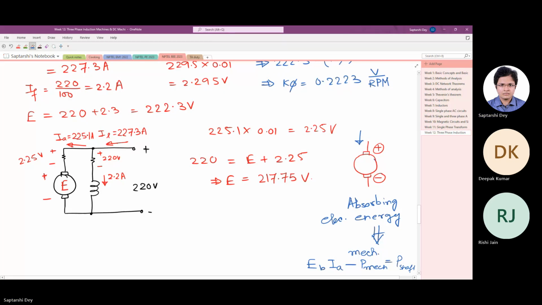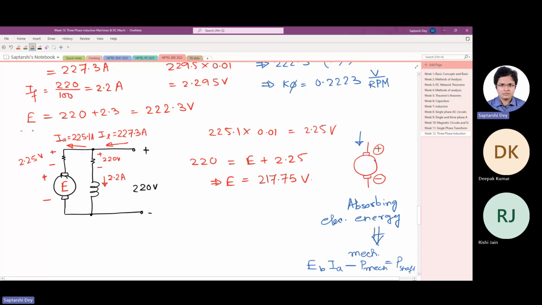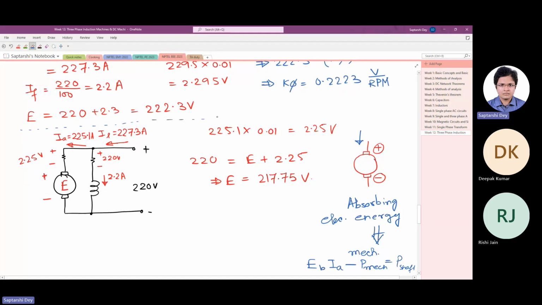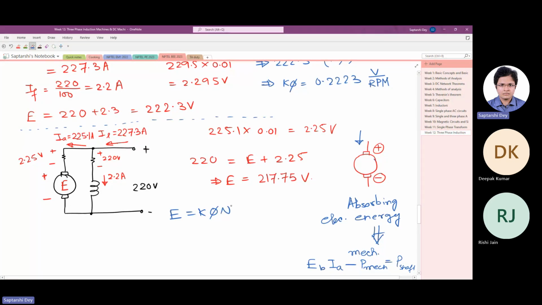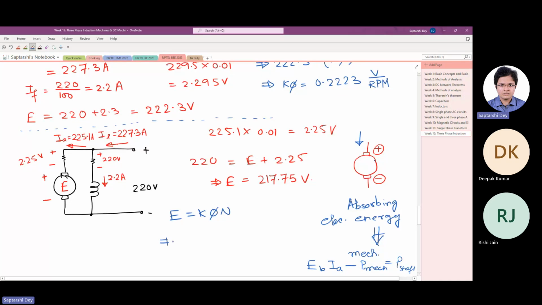Anyway, the question asks, when the same machine is drawing 50 kilowatt of power from the source as a motor, what is the speed of the motor? We know the back EMF, and we have found the DC motor constant. From here you can find the speed. Since we have to find the speed in RPM, and this K phi we found in volt per RPM, we need not do any change in unit.